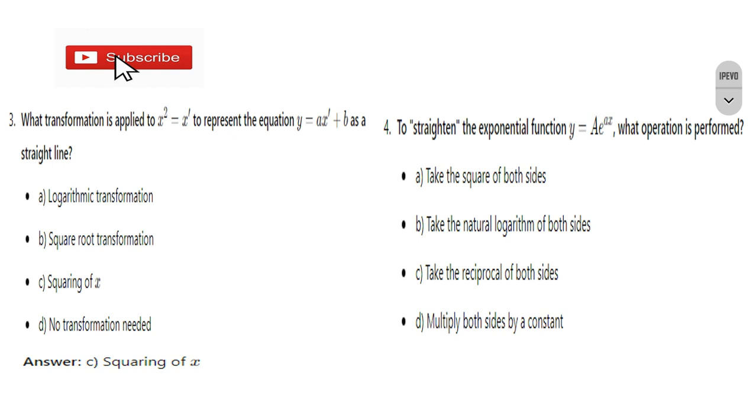C. Take the reciprocal of both sides. D. Multiply both sides by a constant. The correct option here is B. So for you to straighten the exponential function y equals A exponential ax, you have to take the natural log of both sides.